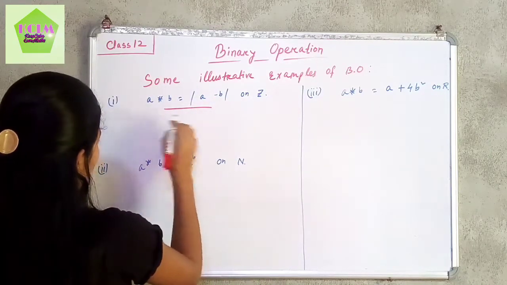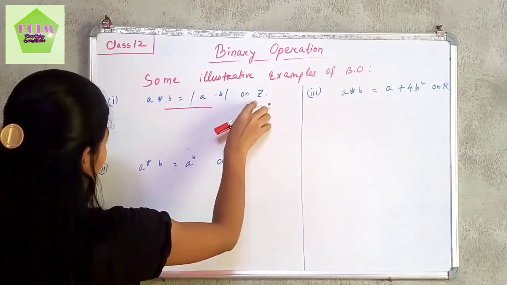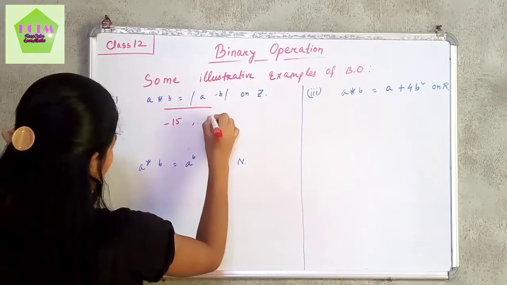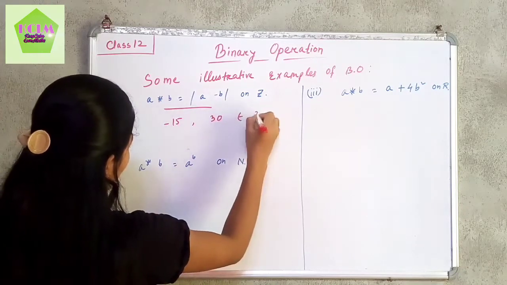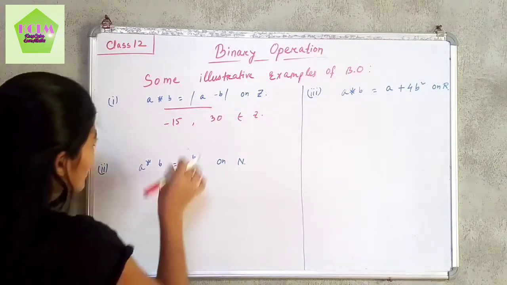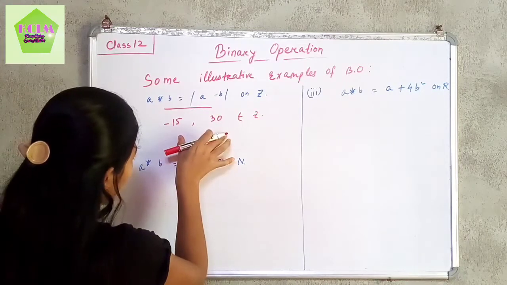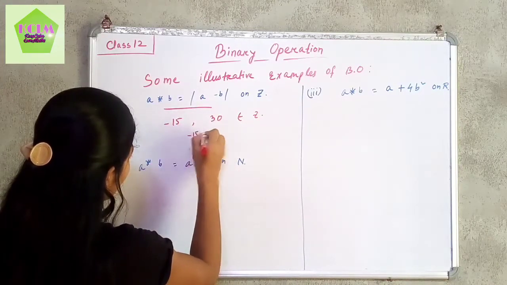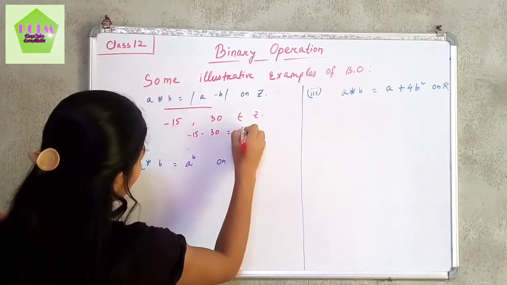Again, let us take two elements in the set of integers. Suppose minus 15 and 30 belong to Z, right? Now if we subtract 30 from minus 15, we will get minus 45.